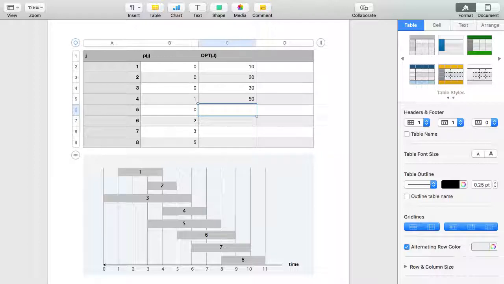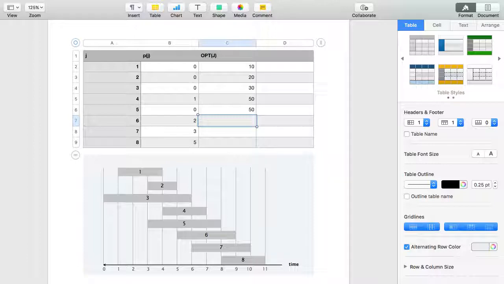For 5, I go back to 0. So in here, I actually have a tie. Either including it or not including it, I get the same thing. I get 50. Does that make sense?